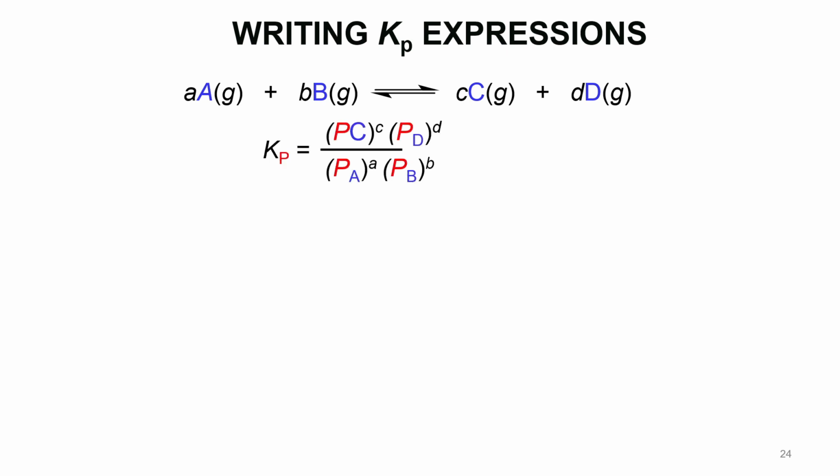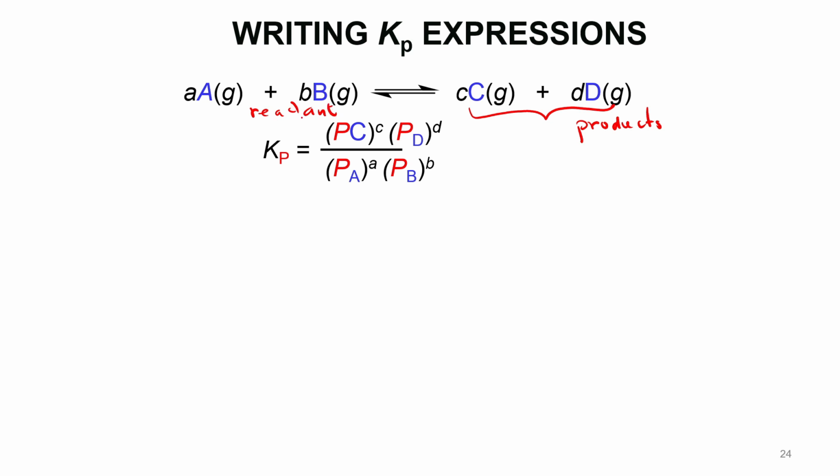So when we write the expression, untuk Kp pula, Kp bermaksud pressure. Jadi kalau untuk pressure, kita akan ambil semua gas saja. So Kp is equal to partial pressure of gas C times partial pressure of gas D, power of D. So this is the product. And this one part reactants.